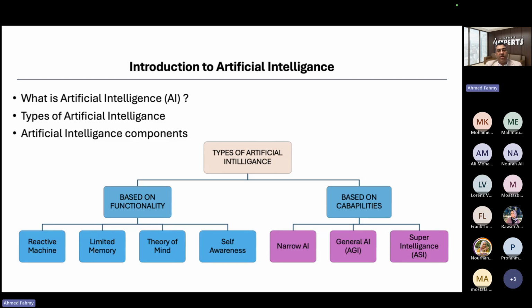Then we have two other machines, theory of mind, which are conceptual actually. They are very limited, or maybe still in the research phase.